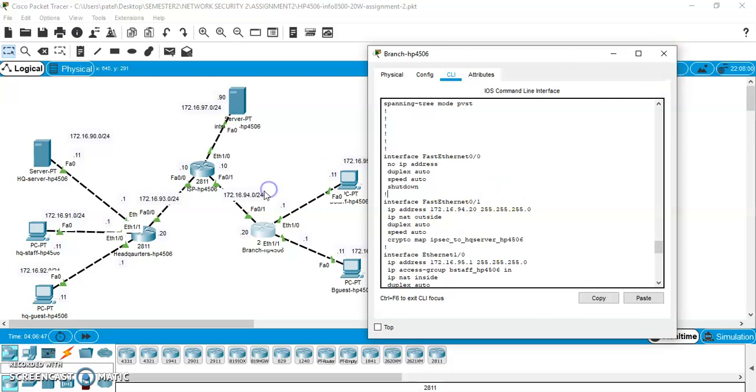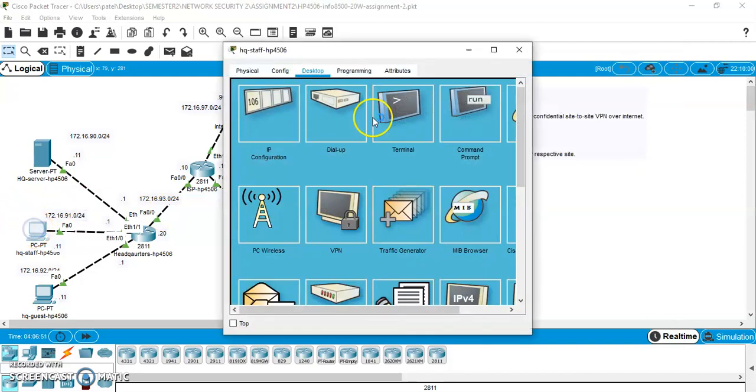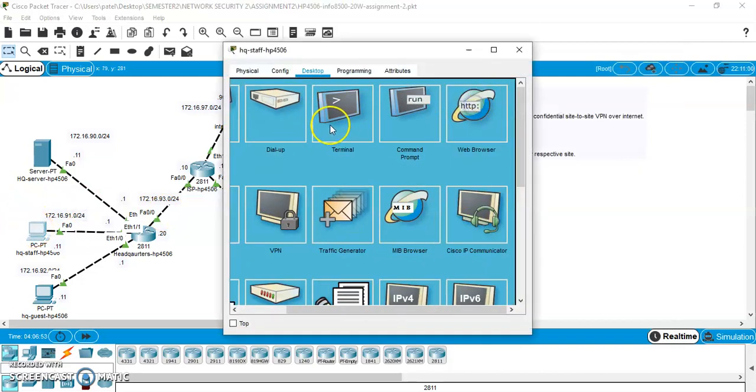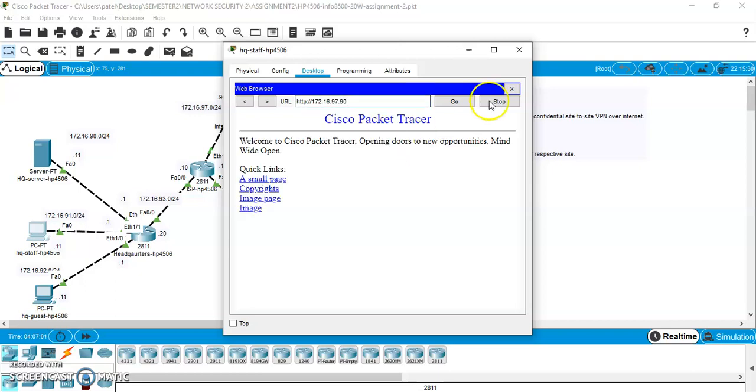Now we'll check whether we have met the requirements or not. Starting with the staff network from the headquarters side, I will access the internet. As you can see, I'm able to access the internet. Now I'll access the web server.